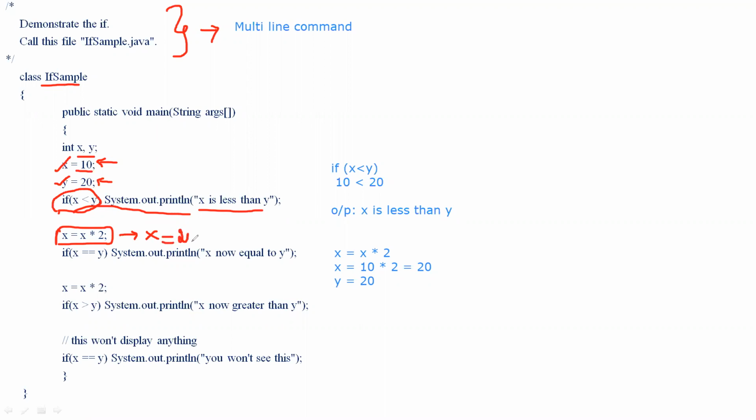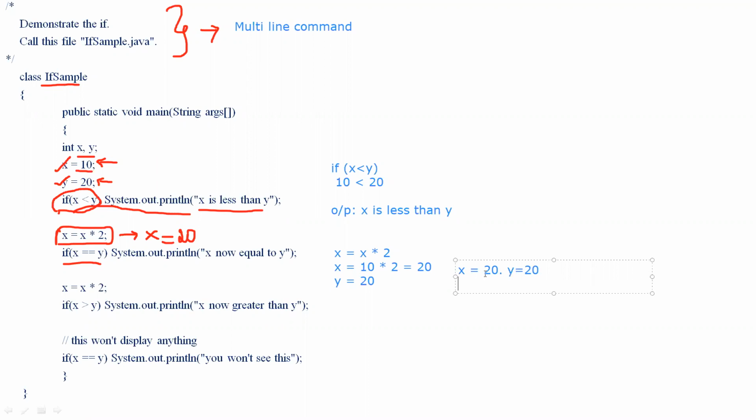On executing this if statement, we're going to print that x now equal to y, since now the value of x is 20 and the value of y is also 20.